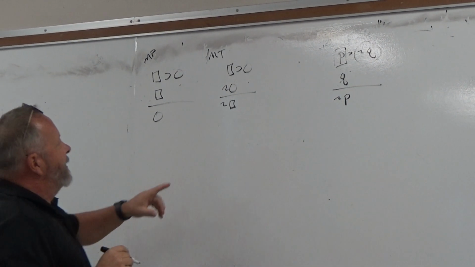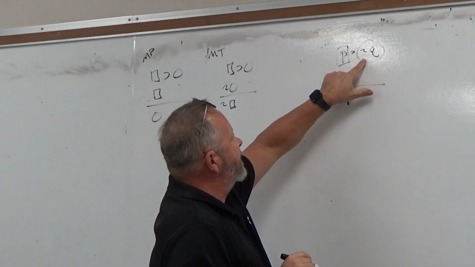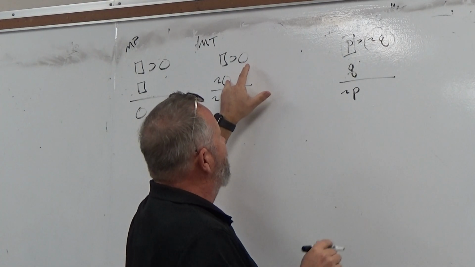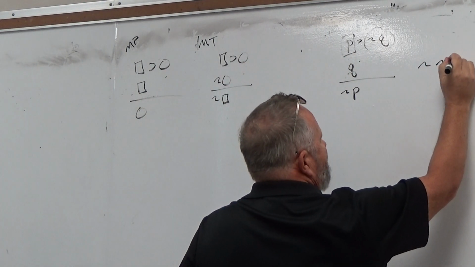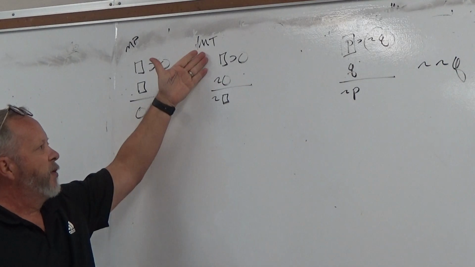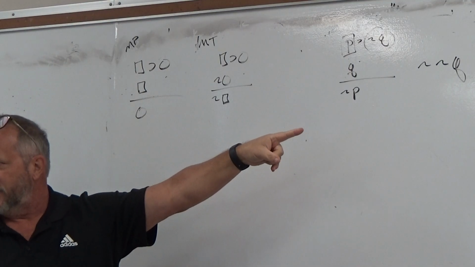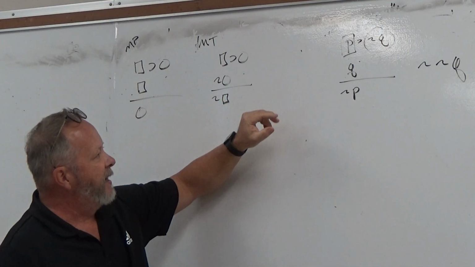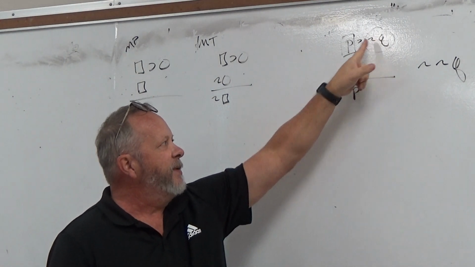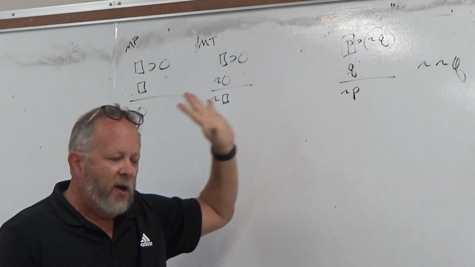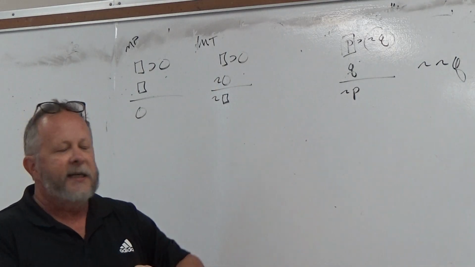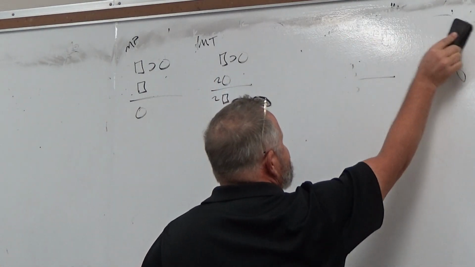But if this is circle, then we need not circle down here. We need not Q in order to do the modus tollens, technically. Does everybody understand that? So we can do modus tollens on the one that I gave you before, but not this one, because the negation is up here as opposed to down there. So we're going to fix that because we should be able to. It is logically valid, it just doesn't fit the rule as stated.